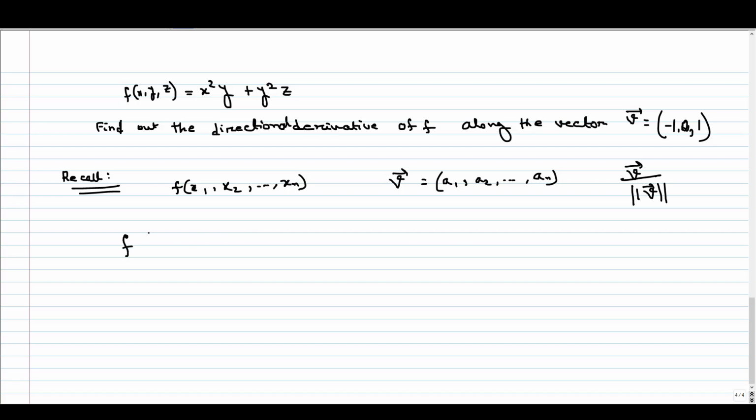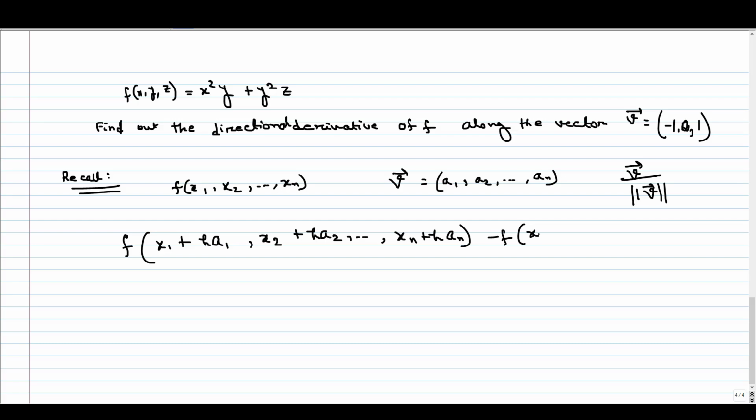So basically we take (x1 + h a1, x2 + h a2, and so on), basically adding h times v to the point (x1, ..., xn), and we find the functional value at that point, which is f(x1 + h a1, ..., xn + h an).